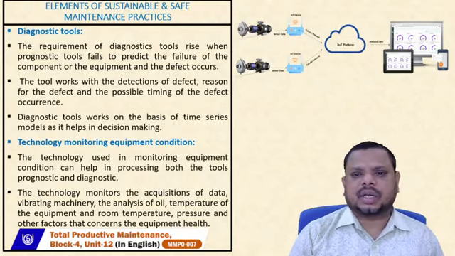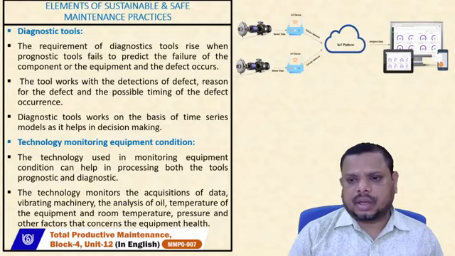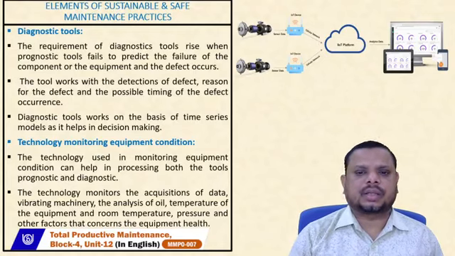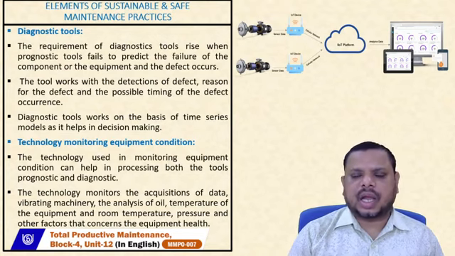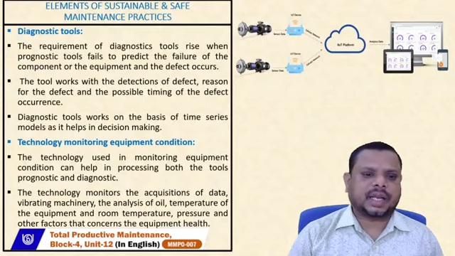So this is basically done through information technology support, where they can take the support of various sensor data, IoT devices, and with the help of computers they can easily analyze for decision making. So this is all about diagnostic tools.